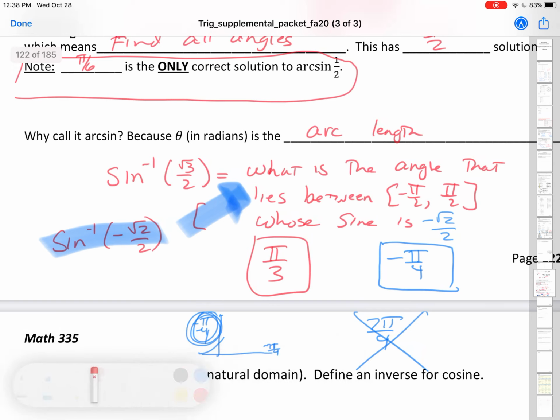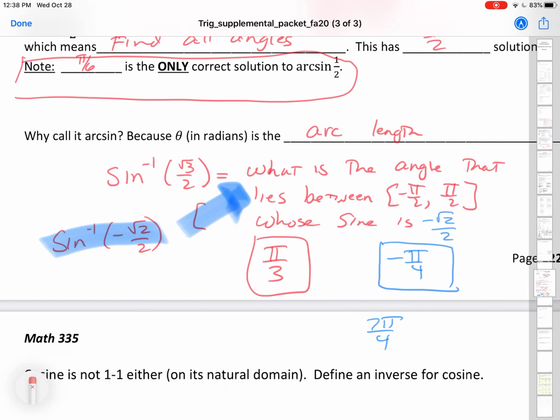My question to the person would simply be this: where does 7 pi over 4 lie? Does it lie within negative pi over 2 to pi over 2? Think about it as a number line. Here's negative pi over 2, here's 0, here's pi over 2. Where's 7 pi over 4? Well, it's way down here.